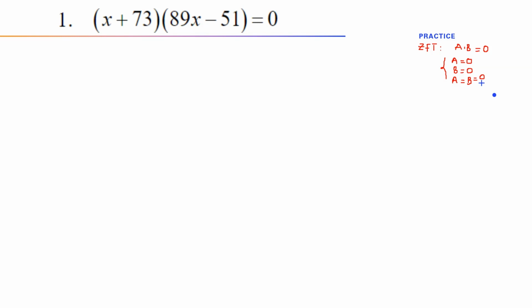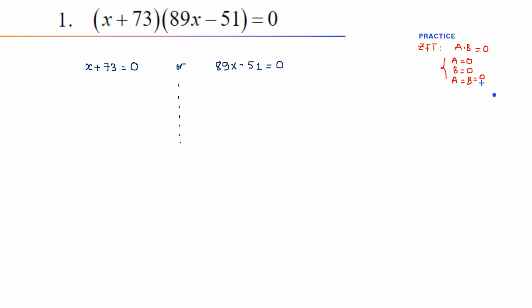So in this case, we have two factors as well. The first one is x plus 73, and we set it equal to 0. Or the second one, 89x minus 51 equals 0. x plus 73 equals 0.